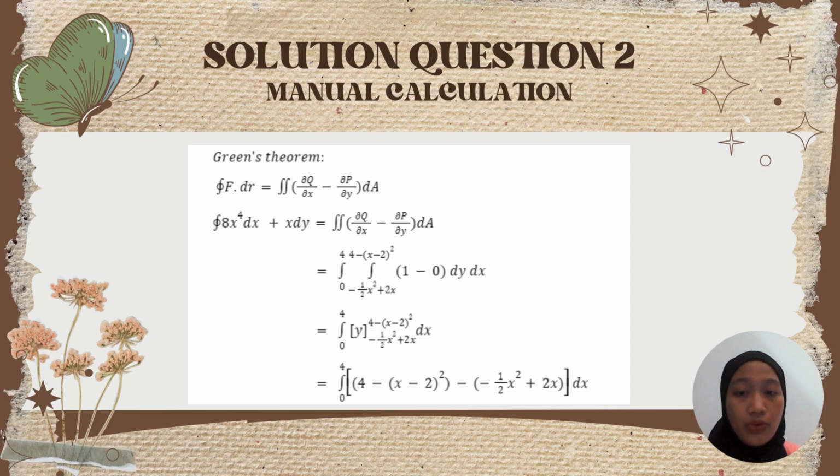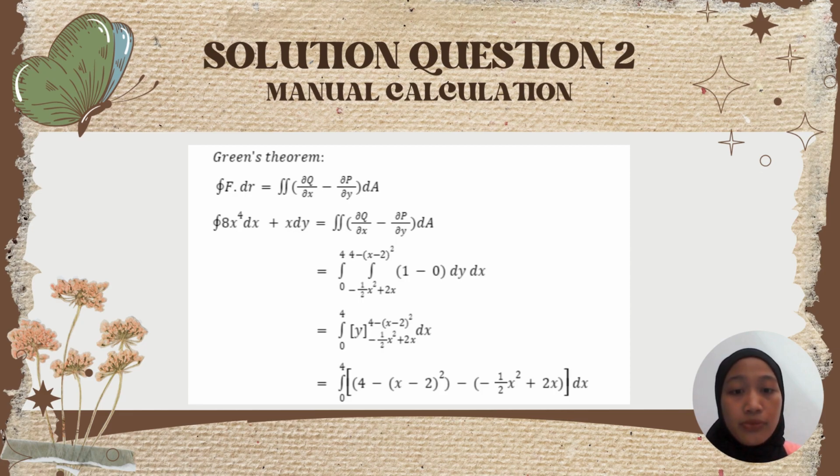Then from limit 0 to 4 and from limit negative 1 over 2 x squared plus 2x to 4 minus (x minus 2) squared, 1 minus 0 dy dx. The 1 minus 0 we take from Qx minus Py.